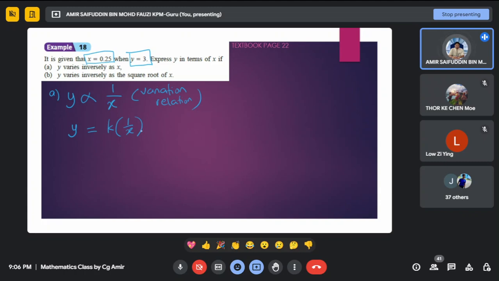So 1 over x here means inverse relation. So y equal to k in bracket 1 over x, or we can write it as y equal to k divided by x. So this is the relation between y and x.